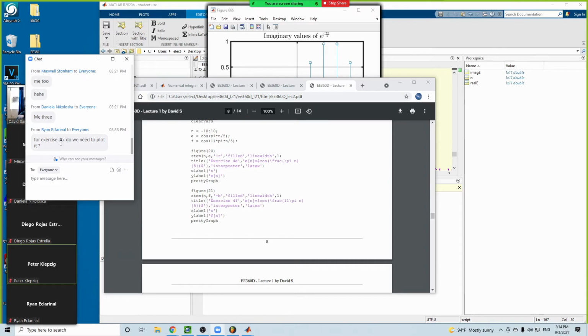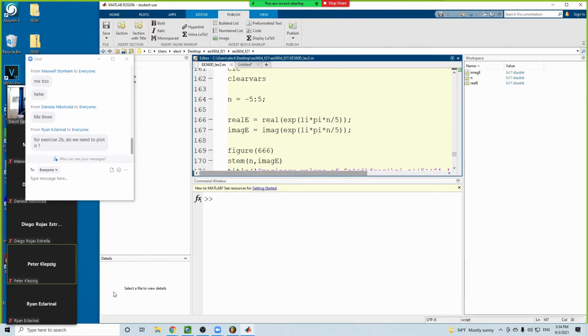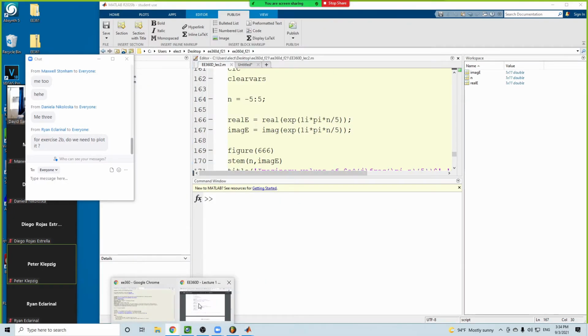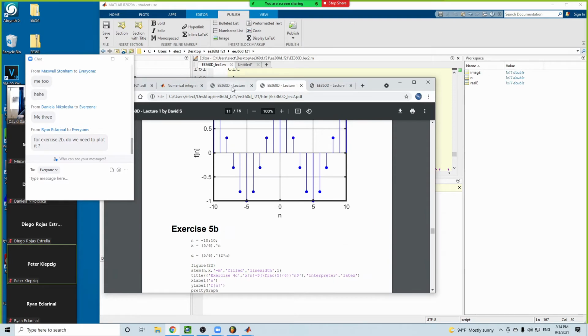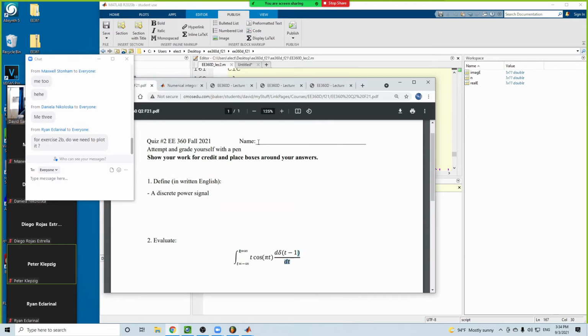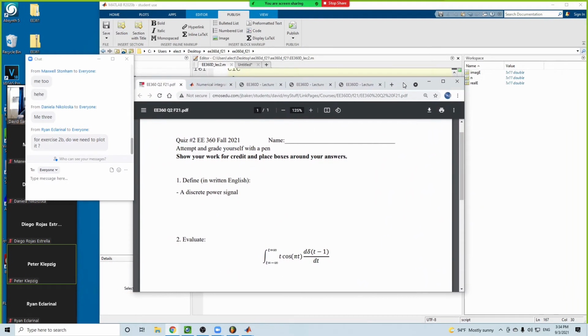For exercise 2B, do we need to plot it? Okay, I know what you're talking about. Let me go to, let me see, where is the other page? Aha. Let me pull out the assignment.